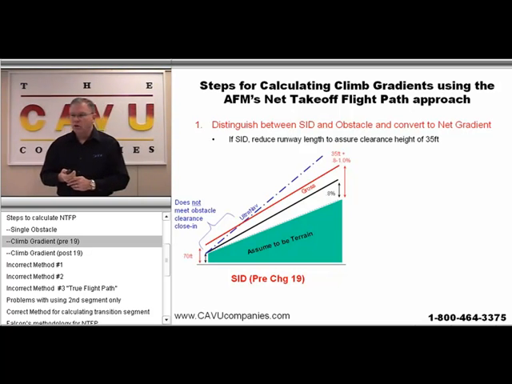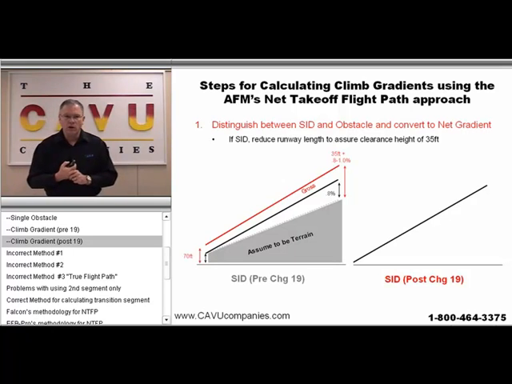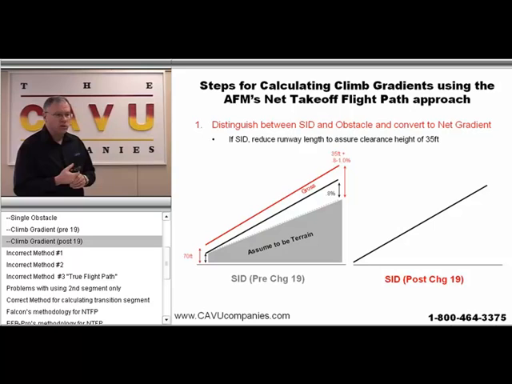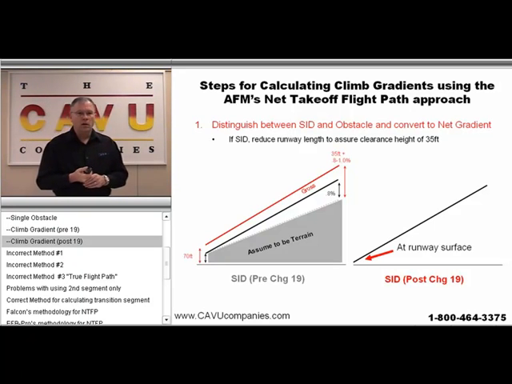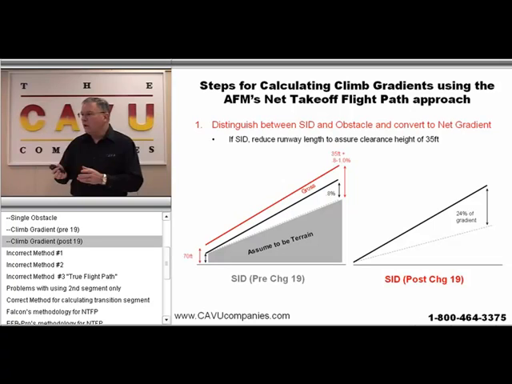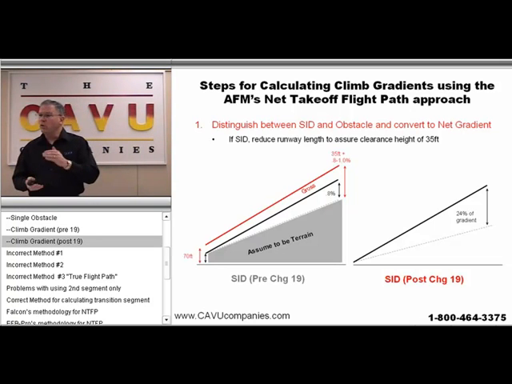Now, everything changes with post-change 19 criteria. You'll notice here that the SID actually starts at the runway surface and continues up for whatever the obstacle clearances are. And the 0.8% has now given way to a new 24% of the overall height requirements.